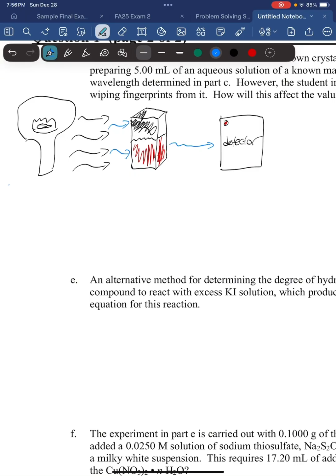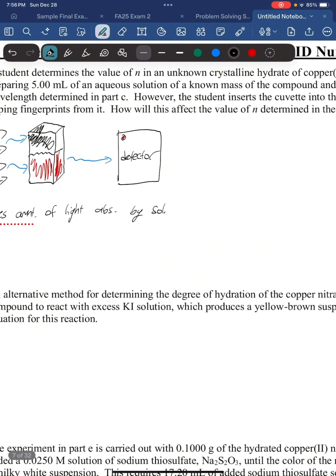So the detector will overestimate the amount of light absorbed by the solution. So how do we use this to determine our N value?